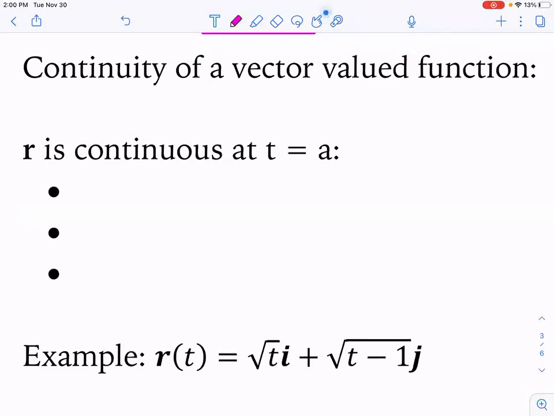Okay. There are 3 things that imply continuity, and you should know these from a year ago. What's one? Okay, so in this case, r of a exists.